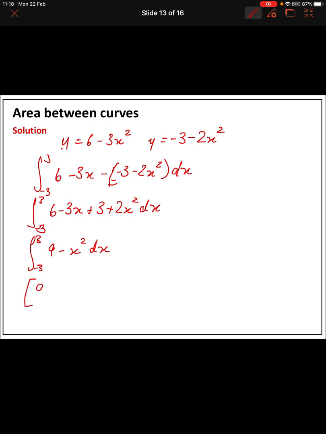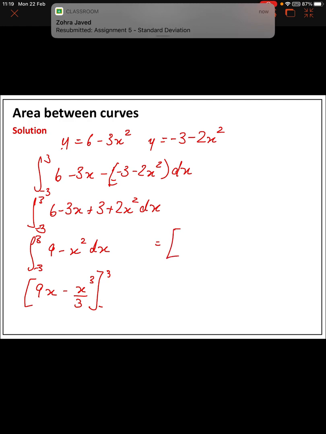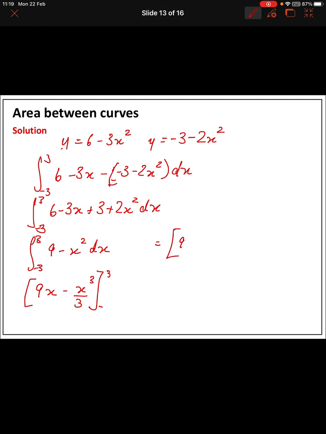So I'm going to integrate it. 9x minus, add 1 to the power, divide by the new power. Okay, substitute in your limits. So I would have 9 upper limit first. Lower limit second.